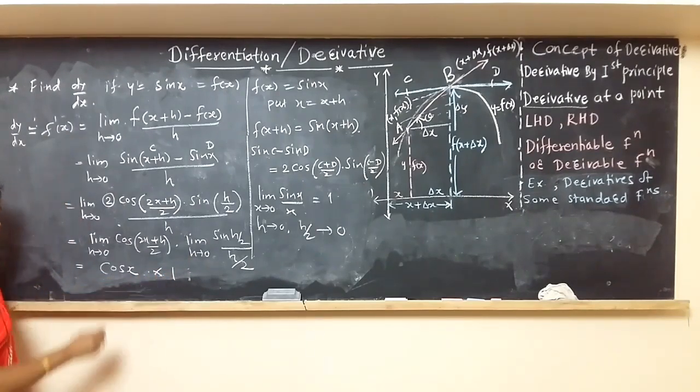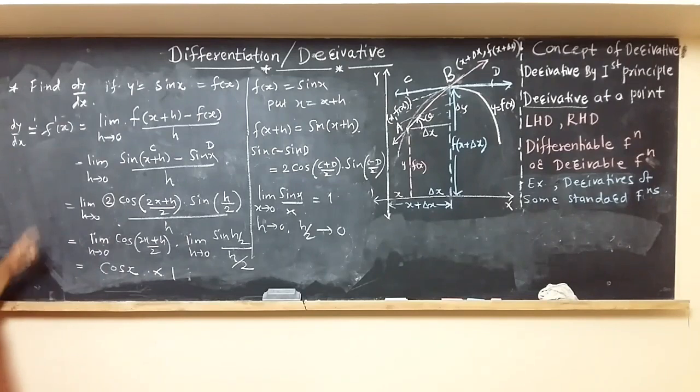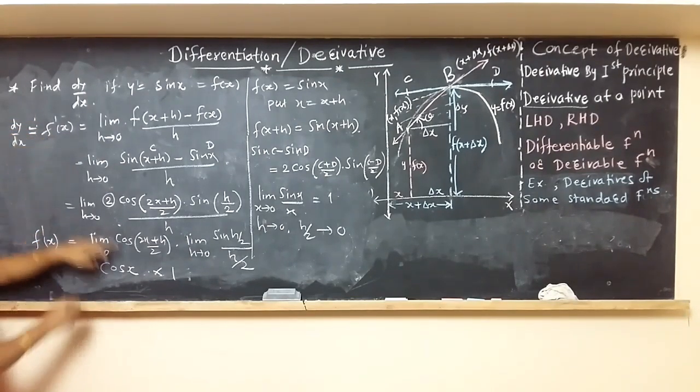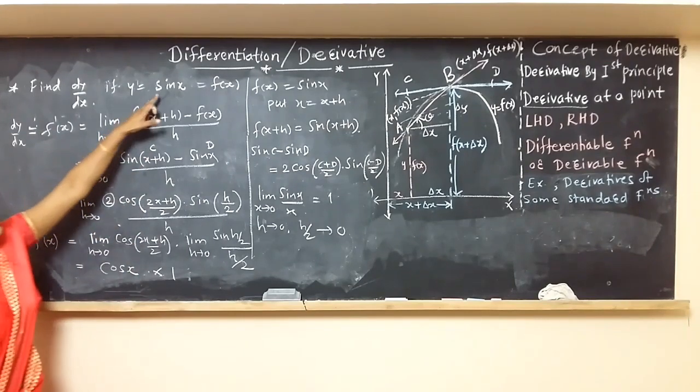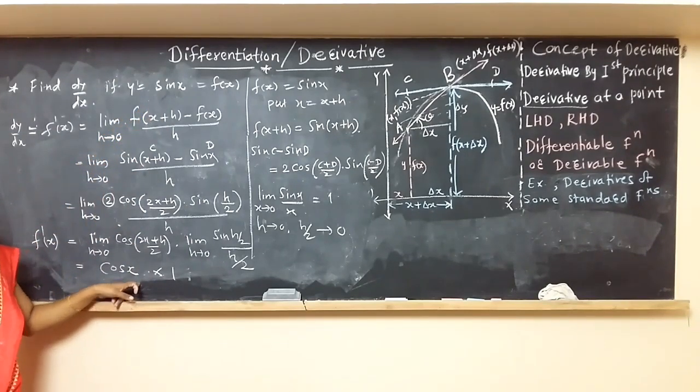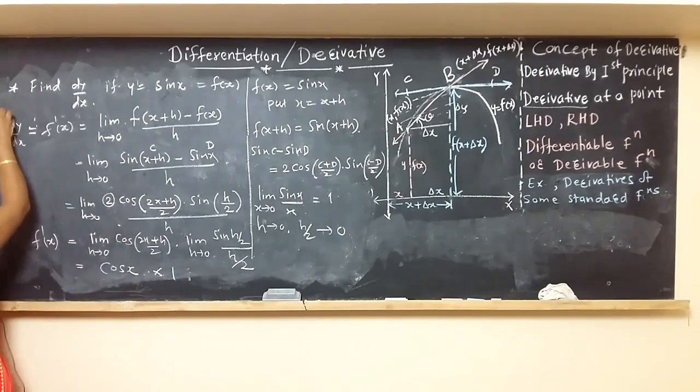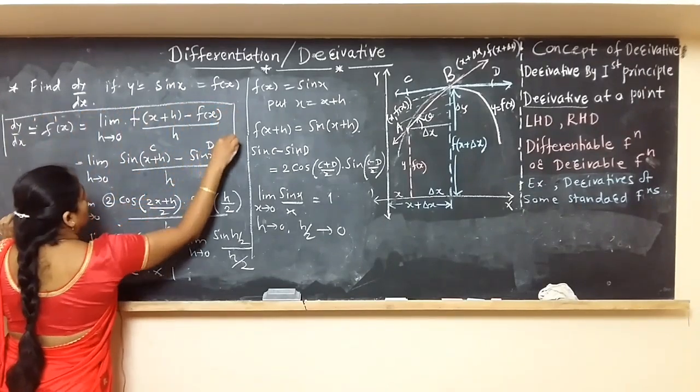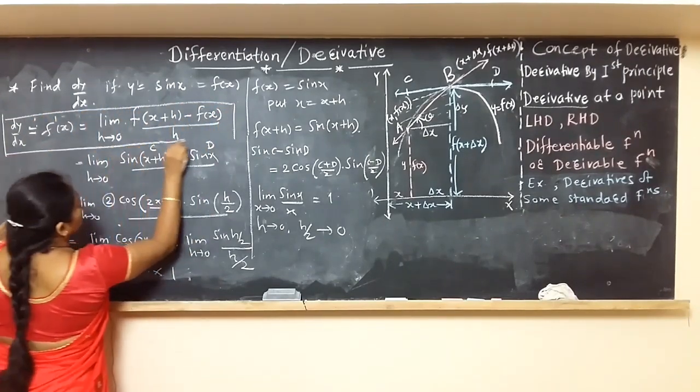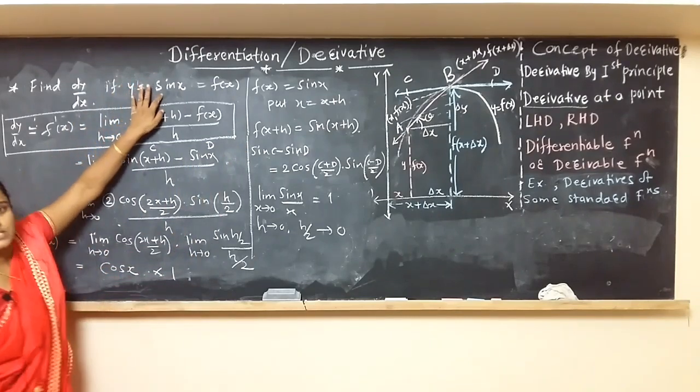So cos x into 1, we get finally f dash x as only cos x, that is, the derivative of sin x is cos x. We have used the definition of first principle here to find the derivative of sin x.